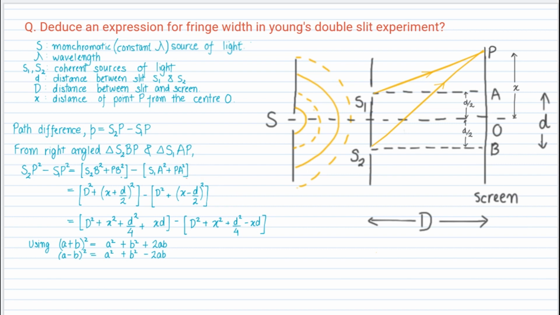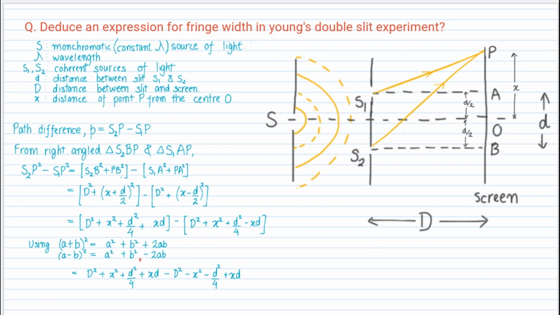Now let us open this bracket and this bracket. If I open this bracket, d square, x square, d square by 4 plus xd remains same. But if I open the other bracket, I have to multiply with the negative sign. So this becomes minus d square, minus x square, minus d square by 4, and this minus xd will become plus xd. Now we can cancel the terms. This d square and this d square get cancelled. X square minus x square get cancelled.